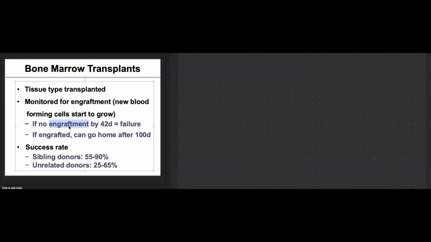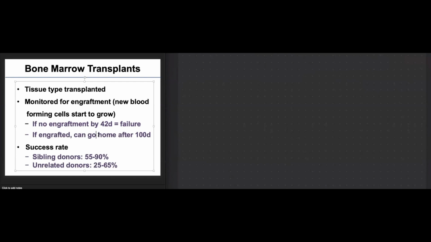If no engraftment takes place within 42 days of the bone marrow transplant, this is going to be considered a failure. If the bone marrow is engrafted, the transplanted bone marrow starts to produce new blood cells.